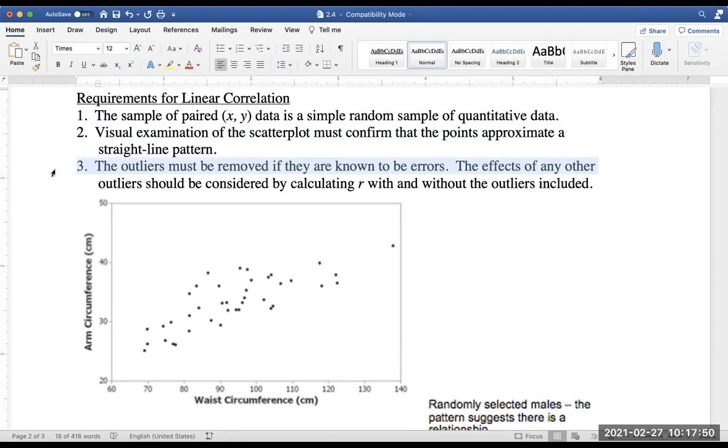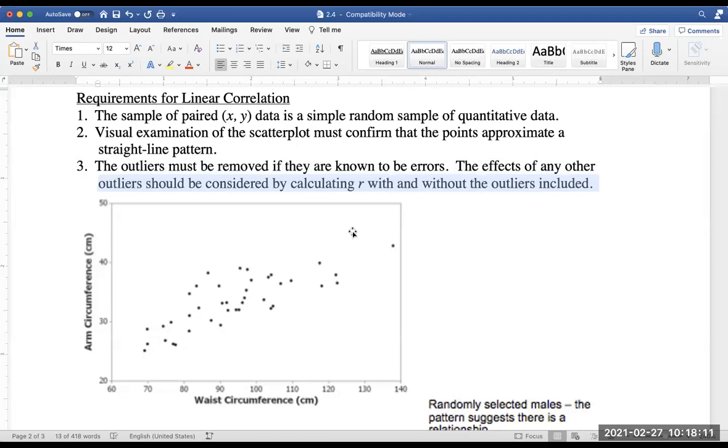And you must not have any outliers. The outliers must be removed if they're known to be errors. Otherwise, the effect of the other outliers, those that cannot be removed, has to be considered in calculating R.